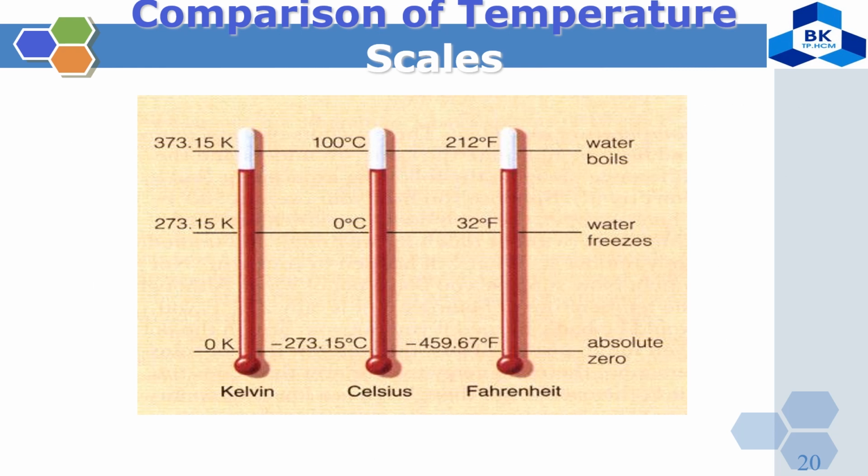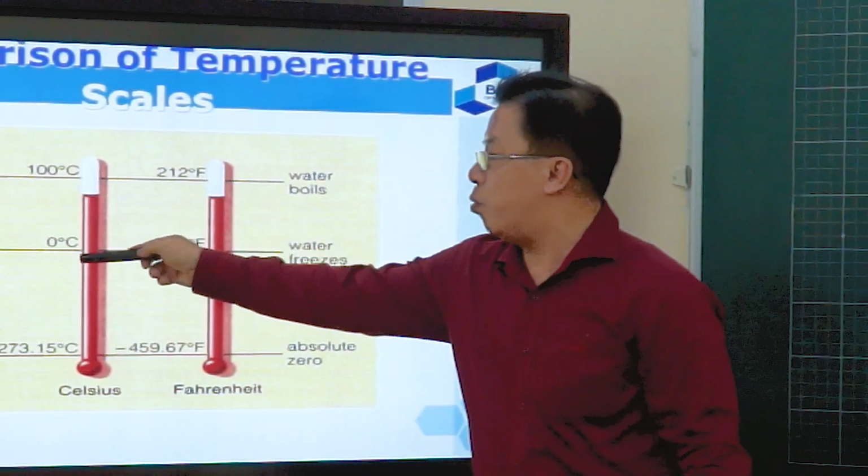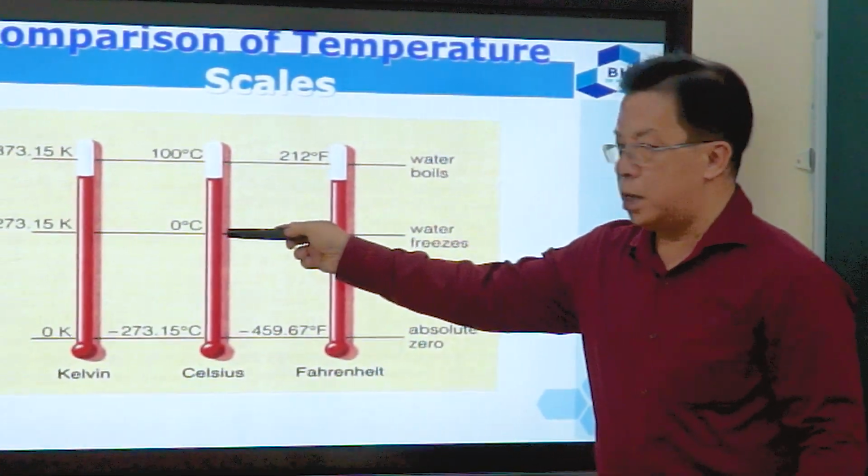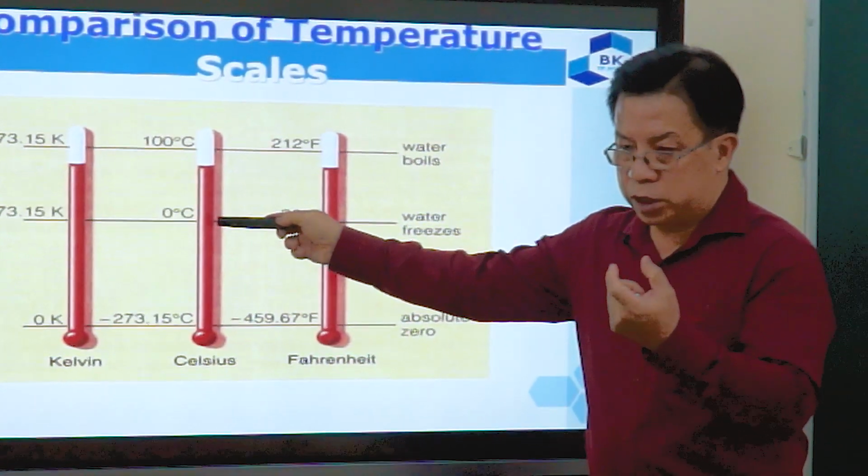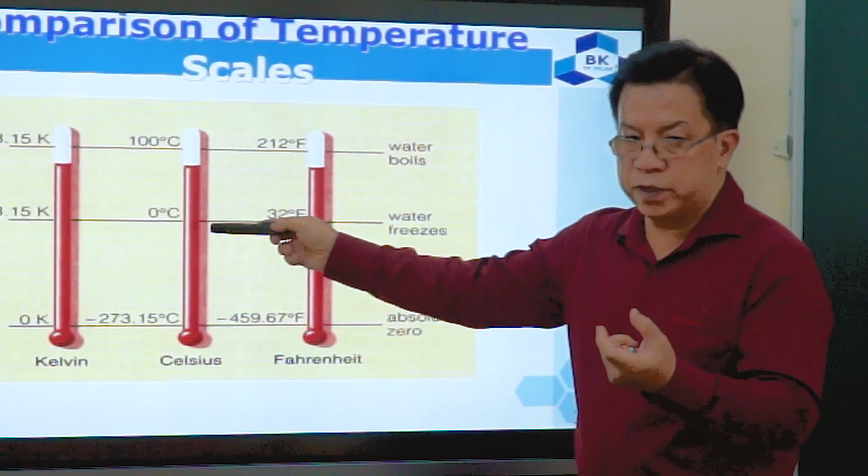And this one is a comparison between the three temperature scales. We have the Kelvin here, the Celsius here, and the Fahrenheit here. These are the temperatures that you need to remember. For Celsius, the water becomes solid, we call it frozen.